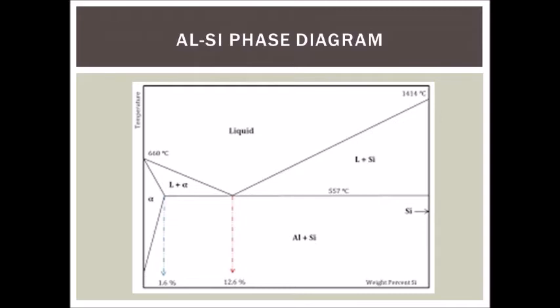The figure shows that this phase diagram has a eutectic point at 12.6 weight percent, and the temperature is 577 degrees Celsius.